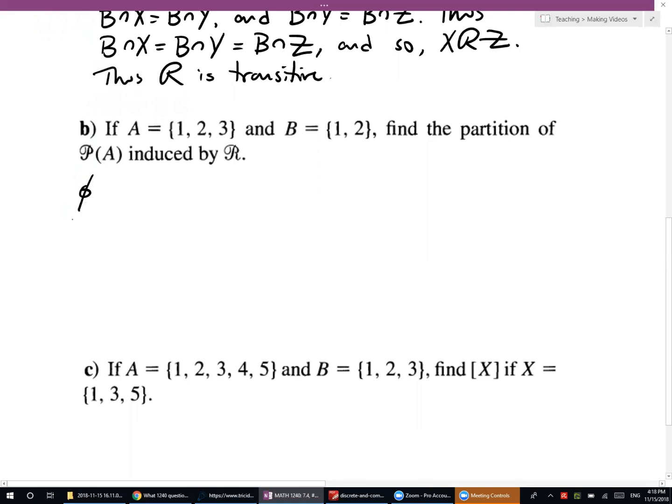Well, there's only one thing that does that. If it contains 1, then the intersection would contain 1. If it contains 2, the intersection would contain 2. But if it contains 3, and just 3, then the intersection is the empty set. And so there is one part of the partition. The empty set and the set {3} both intersect B with the same set, the empty set. So they are in one part.